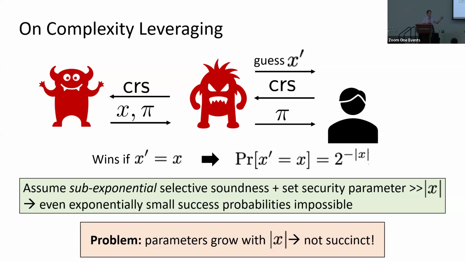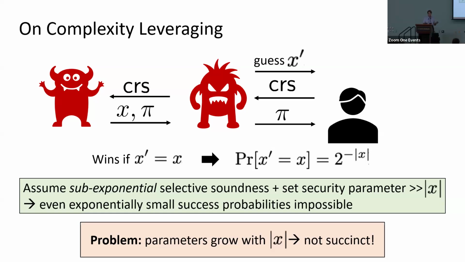It gets the CRS, passes it to the adaptive adversary, and gets the statement and proof from the adaptive adversary. And the selective adversary in the middle, he's just going to hope that he happened to guess right in his choice of X prime. And if he does happen to guess right, then he actually will win, because he will be able to produce X and pi, which are a valid proof of a false statement.